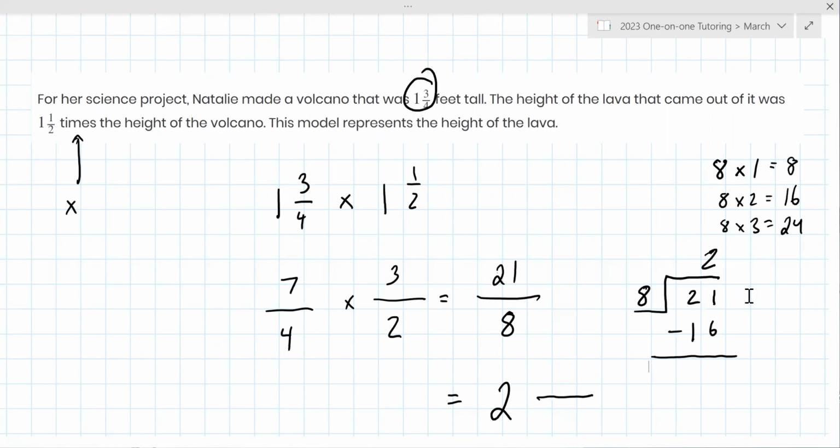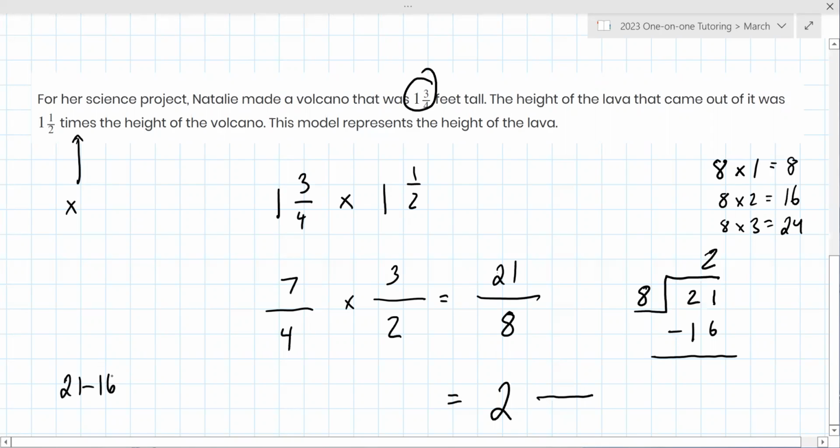21 minus 16. I think you're overthinking this here. You're just counting up from 16 to get to 21. It's okay to count with your fingers, whatever you want to do.